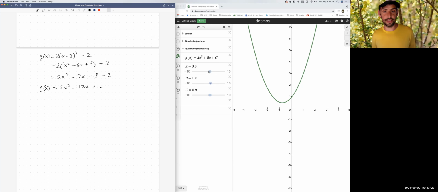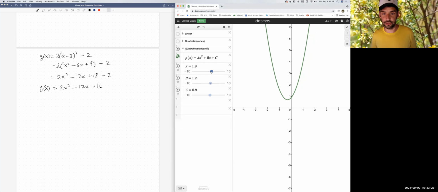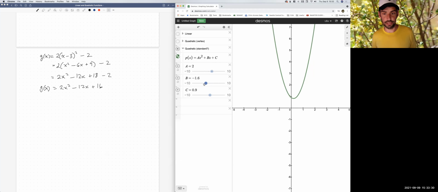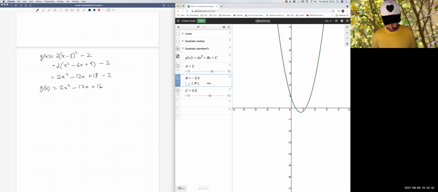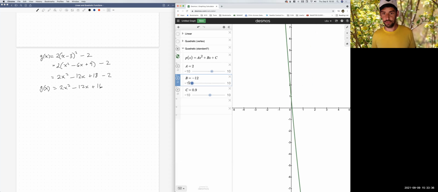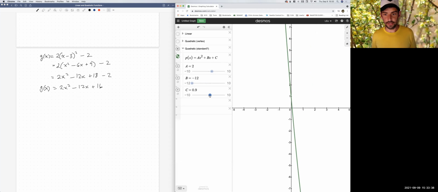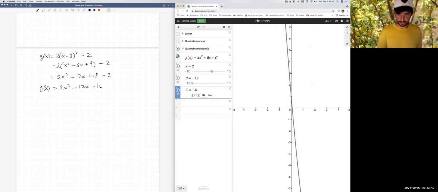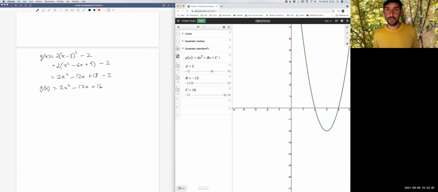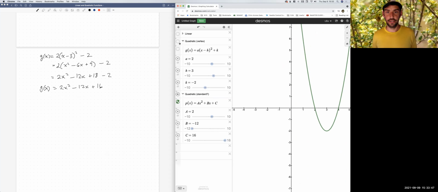So let's in fact see that. Let's change these values. Let's change a to 2. B is going to be, I need to make this go down to negative 12. And c needs to go up to 16. And let's compare that.